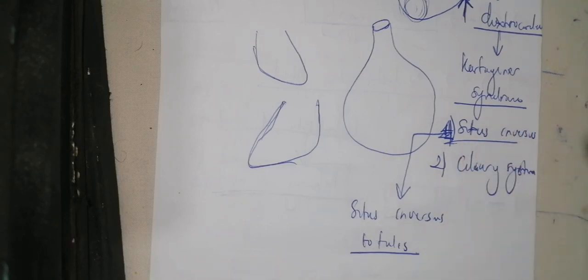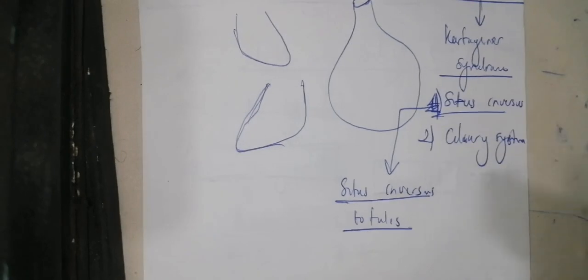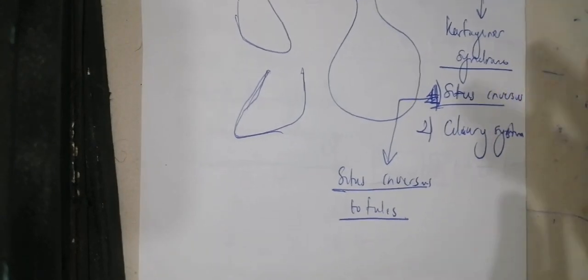The appendix is going to be on the other side, so in a case of appendicitis, the patient is going to present with left iliac fossa pain. The heart is going to be rotated to the other side, so the apex of the heart is going to be located at the right mid-clavicular line, fifth intercostal space. That's situs inversus totalis. So all the organs of the body are rotated to the other side.